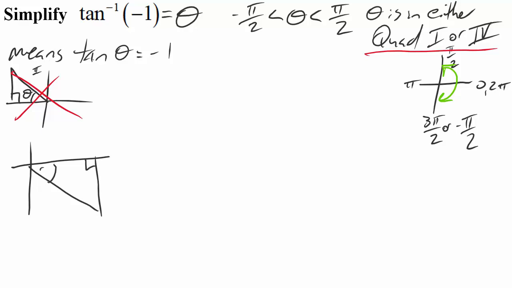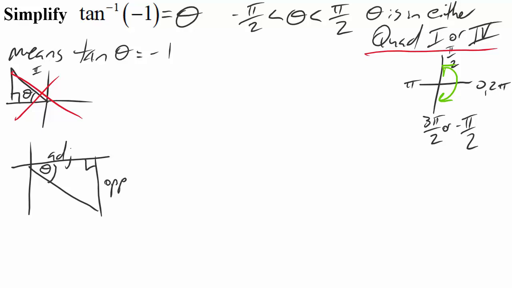Here's our reference angle for theta. So in order to get a tangent of theta that's equal to negative 1, that means our sine and cosine values have to be the same if we're looking at tangent of theta as sine theta over cosine theta, or we can just look at tangent of theta directly as the opposite over the adjacent side of our triangle here.